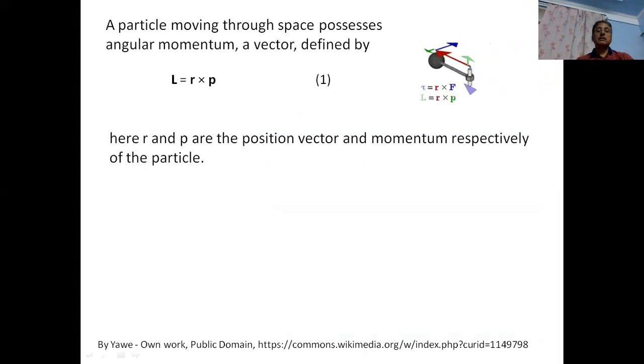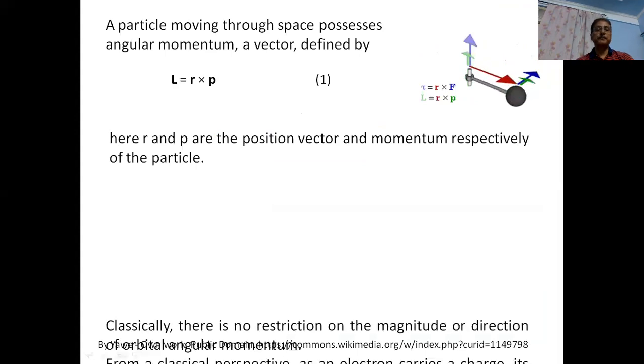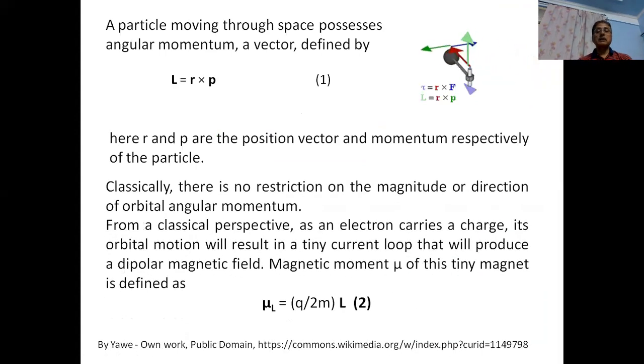As we know, when a particle is rotating on an orbit, its angular momentum is perpendicular to the plane of that orbit, as shown by this diagram. This is given by L equals r cross p. Now, classically, there is no restriction on the magnitude or direction of the orbital angular momentum.